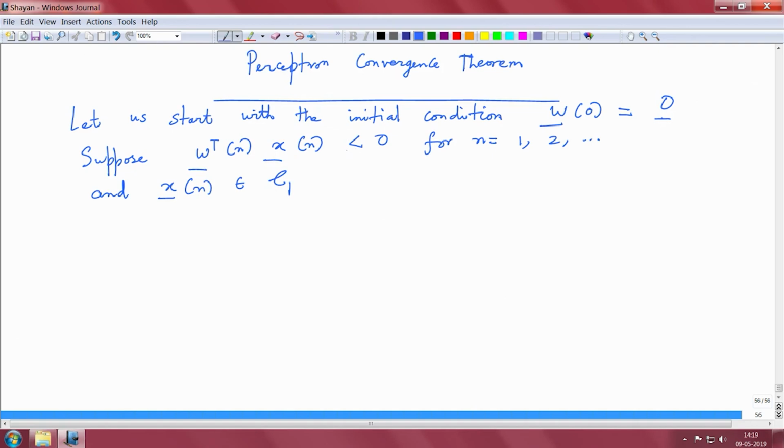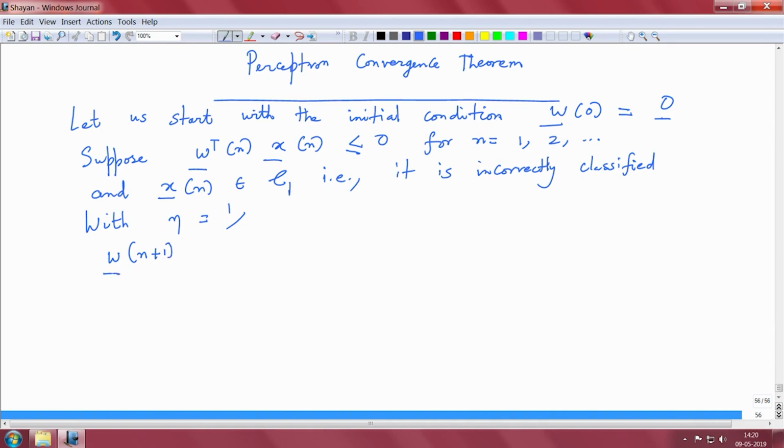I can basically put this equality as well just to be consistent. So, there is an issue here, which means it is incorrectly classified by this weight at time step n. So, with eta equal to 1, we follow our update. So, what should we do?